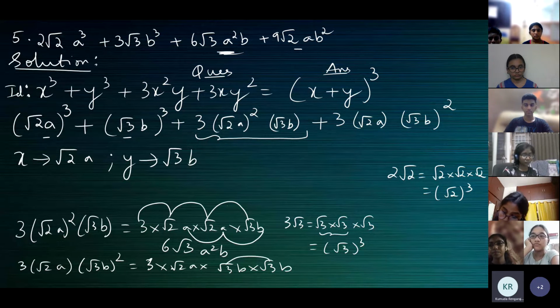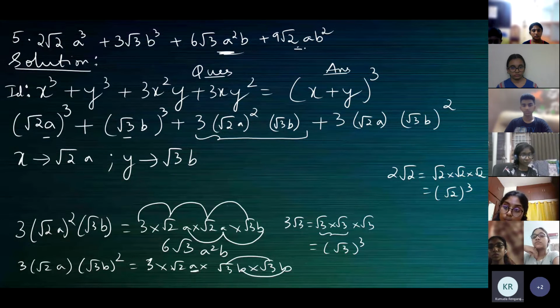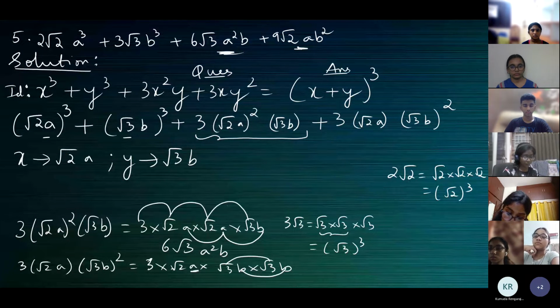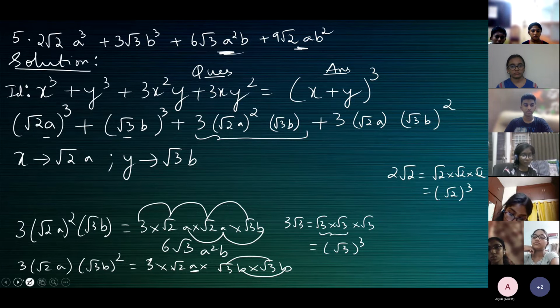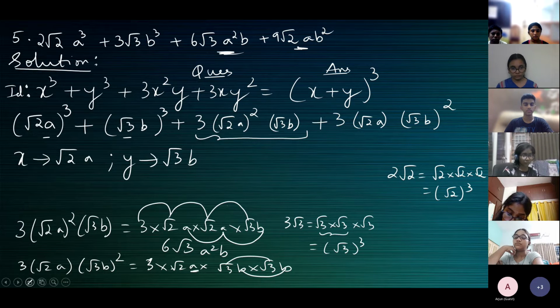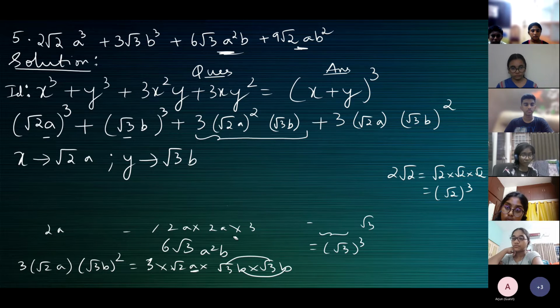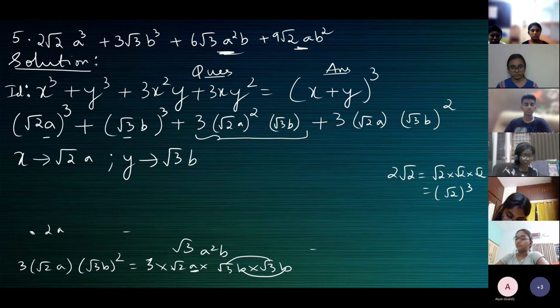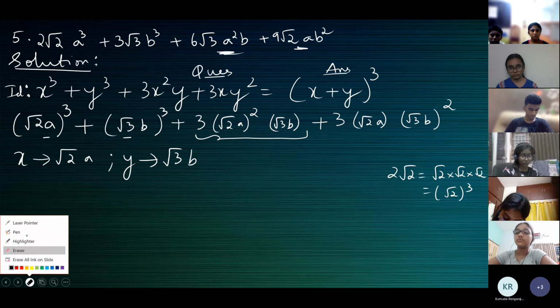A, b into b is b square. 9 root 2 a b square. You don't have to write all this. So like that, when you check, you must get the third and the fourth terms. Only then are you using the correct identity.